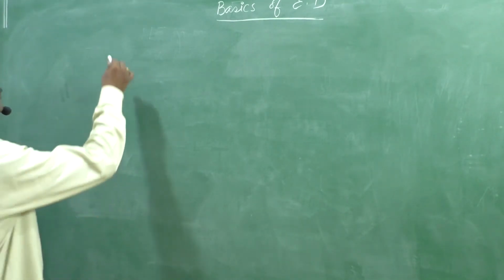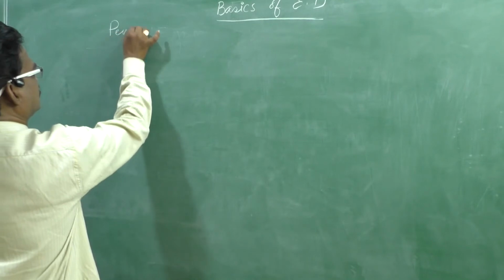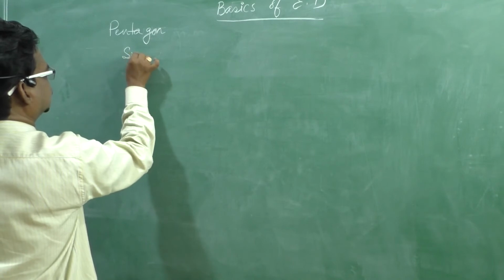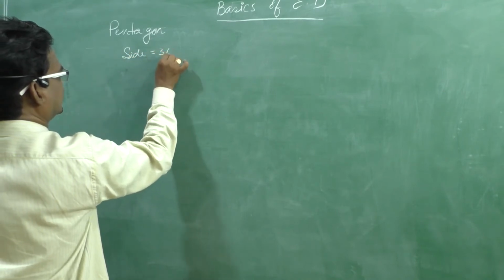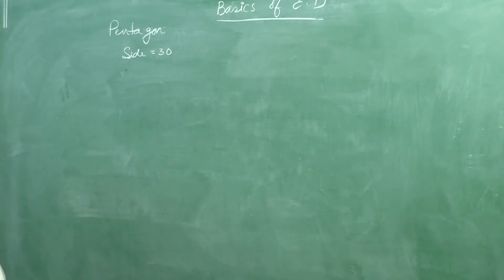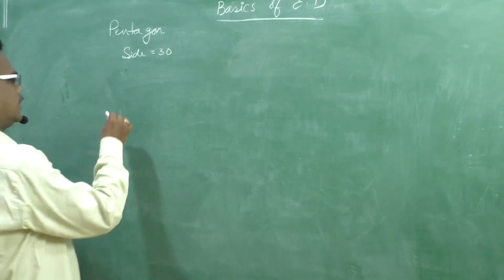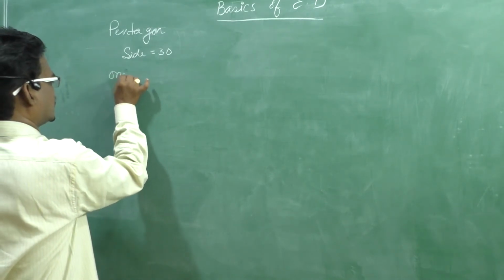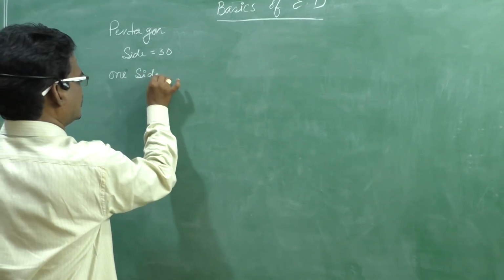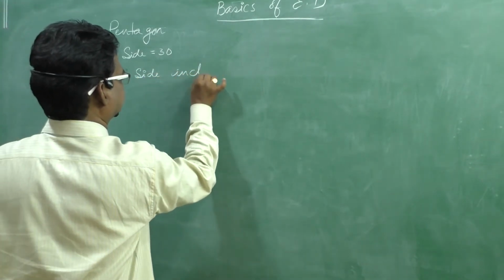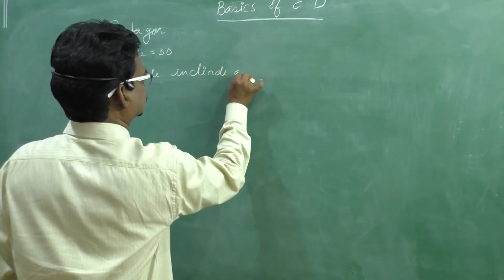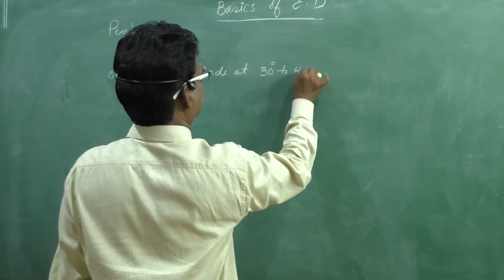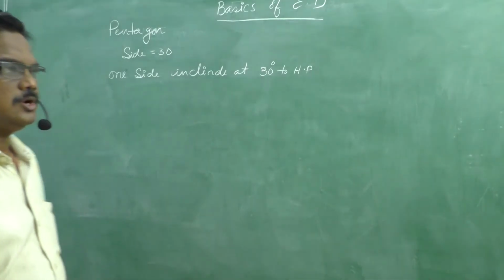A pentagon of side equal to 30 mm, with one side of the pentagon inclined at 30 degrees to the horizontal plane.